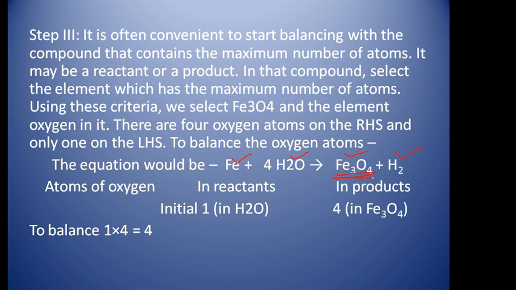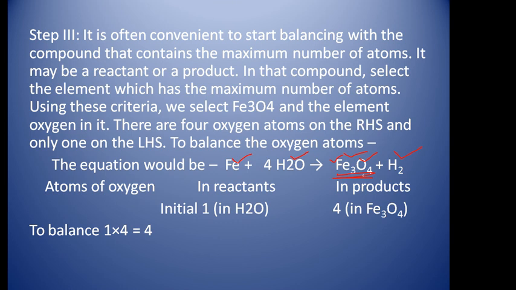Now, in this compound there may be many atoms. With which atom will we start? Here we have Fe and oxygen. We will start with that atom which is more in number. Iron, the number of iron is 3, the number of atoms of oxygen is 4.